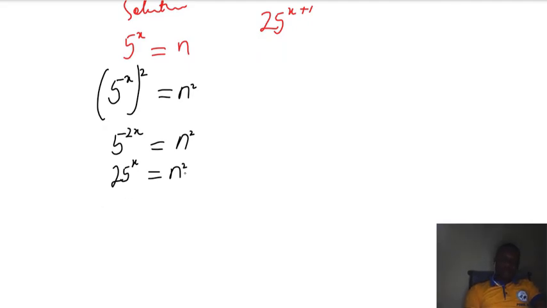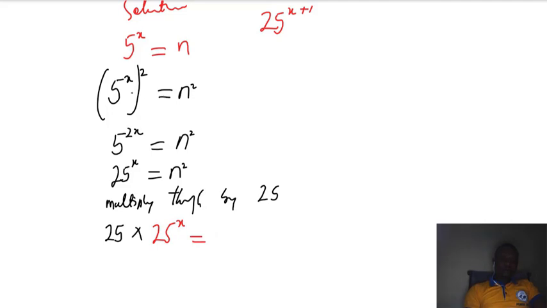So what are we going to do so that we get it in terms of plus 1 at the numerator? Let's multiply through by 25. So we have 25 times the main one, 25 exponent x, equal to 25 times n squared.